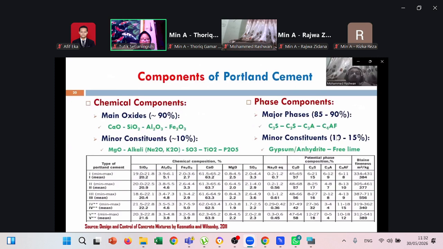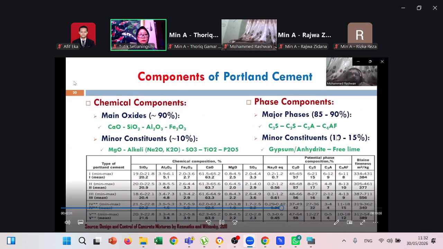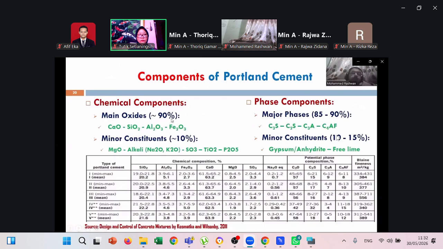The components of Portland cement after making: Portland cement is composed mainly, as chemical components, of 4 main oxides, which form around 90% of the cement.